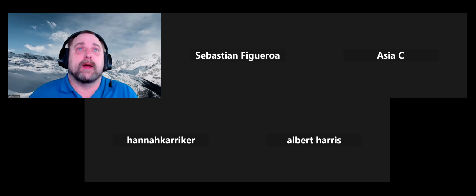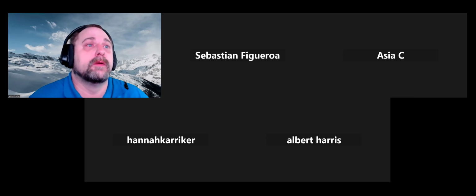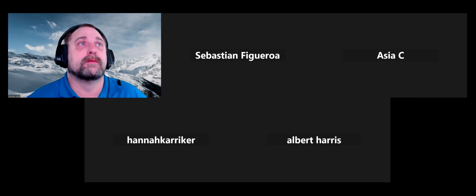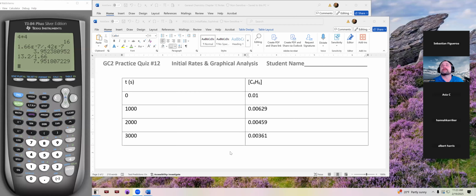So I'm going to show you how I will do these values in my calculator. Let me go ahead and share my screen again. We can do them also in Excel, much like we did the first time where we just copy these over.